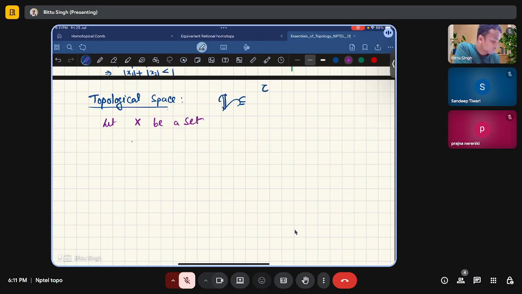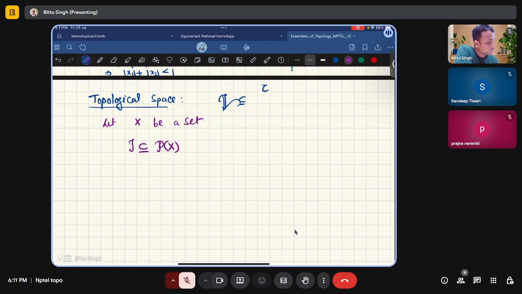Then this tau, a topological space, is a subset of the power set P(X). Power set means it contains everything: the empty set, X, and all subsets of X. It is a subset of the power set, and it should have some properties.